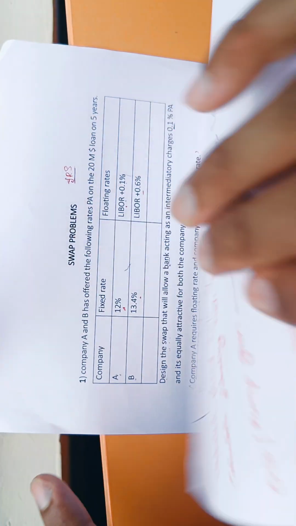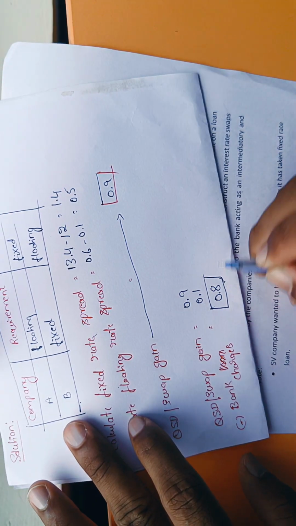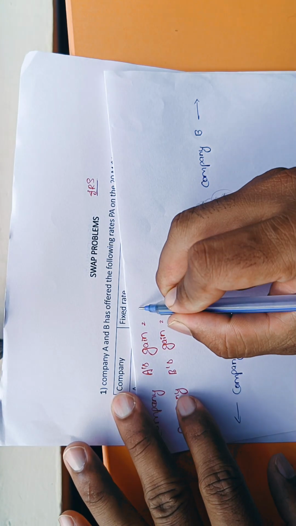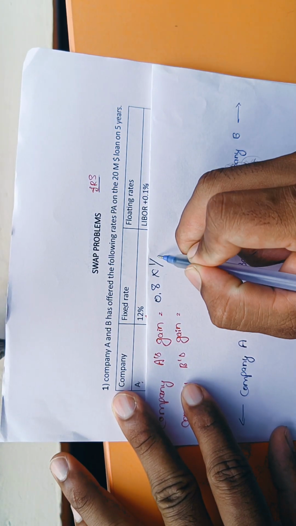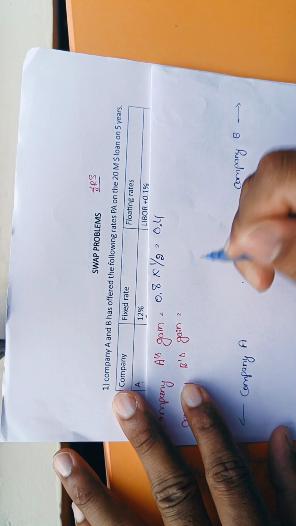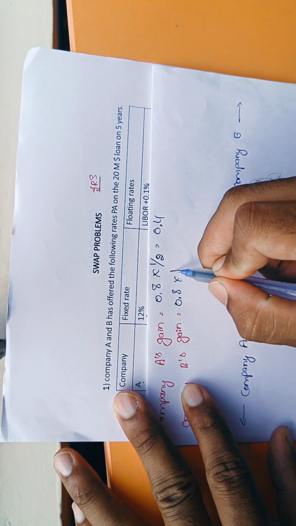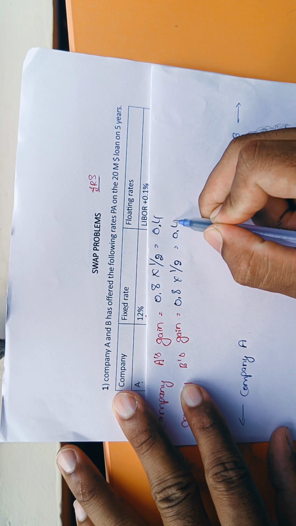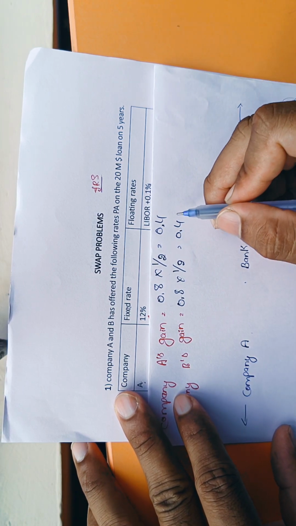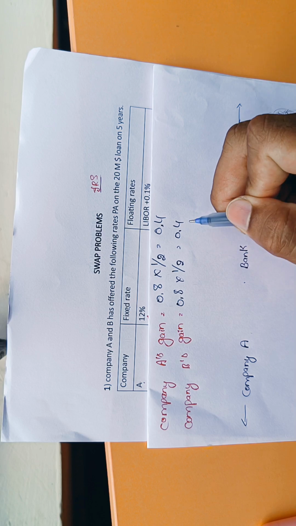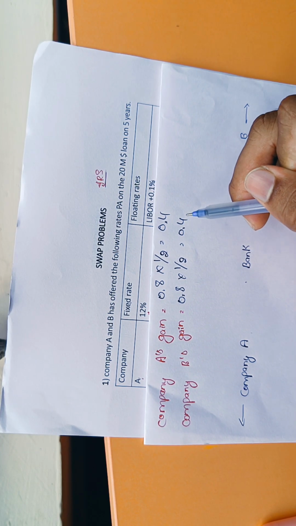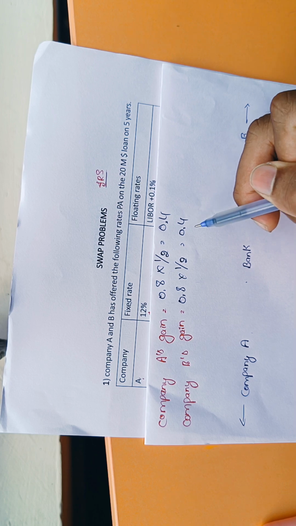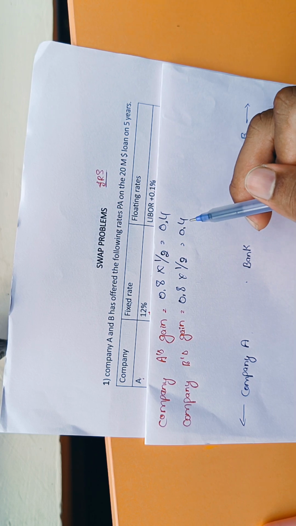What is our total gain? 0.8, if equally distributed, 0.8 into 1 by 2 equals 0.4. This is the equal thing. This is done. Company A gain is 0.4, company B gain is 0.4. After doing swap, they are going to get a profit of 0.4, 0.4.